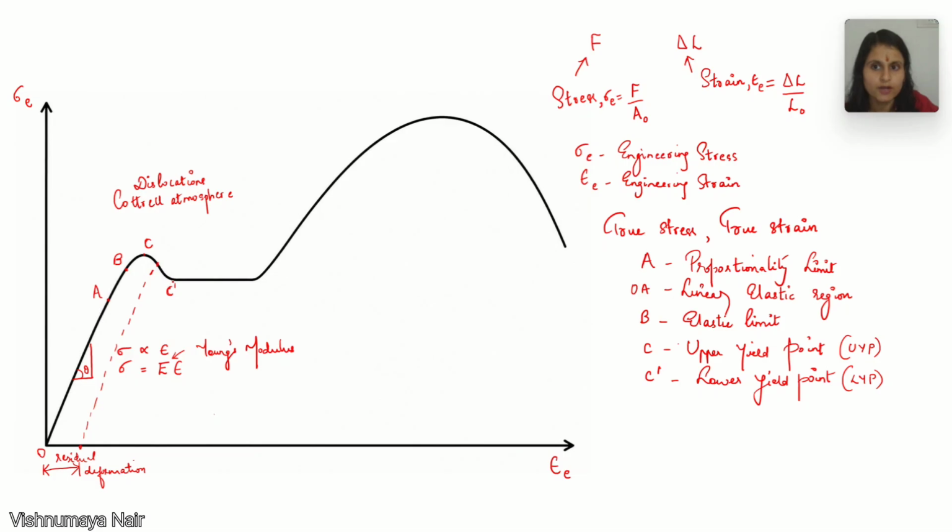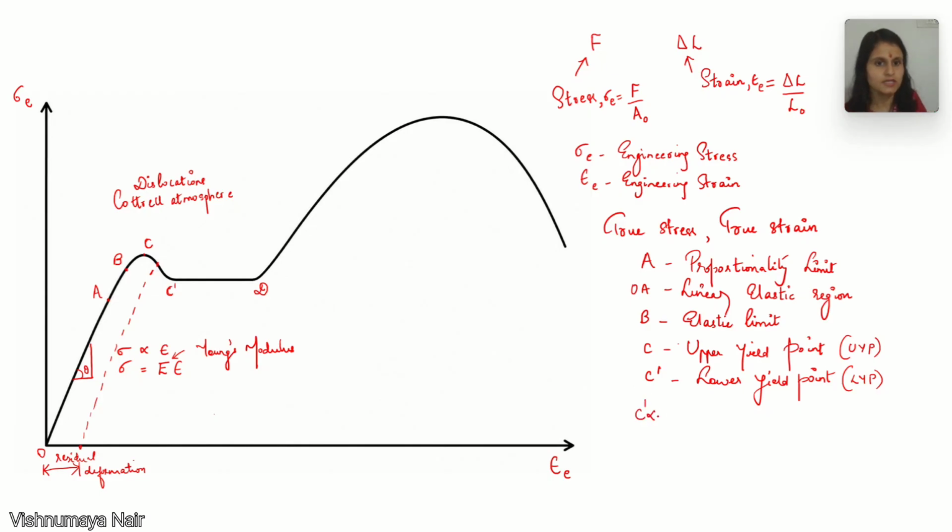And this region from C prime to this point, let us call it D. There is no particular name associated with this point, but let us call it D for now. So this horizontal portion from C prime to D is known as yield plateau or Luder's band propagation.